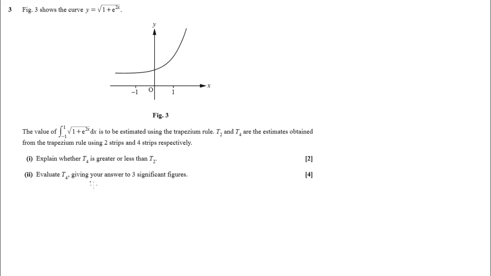So trapezium rule with 4 strips of equal width, it's going to be values of -1, -half, 0, a half, and +1. Make sure you do the table, by the way. It often saves you quite a few marks, even if you did the wrong numbers, then you put them into the equation, and it turns out the answer is not accurate enough, then you have some marks to salvage.